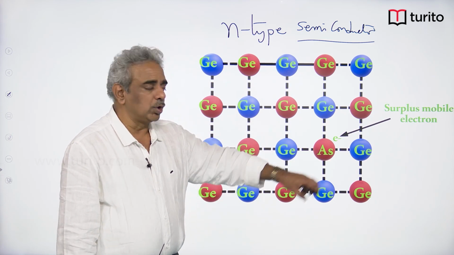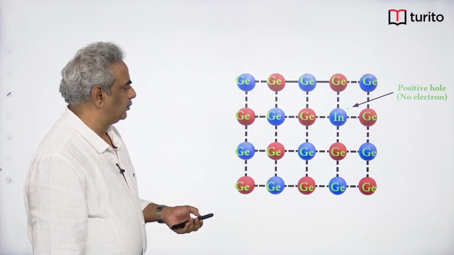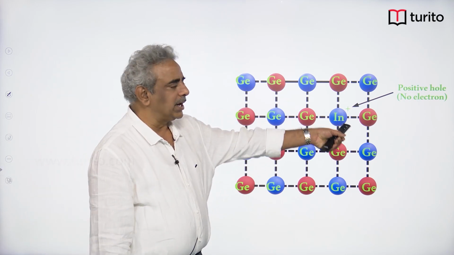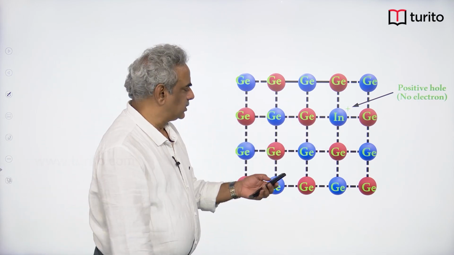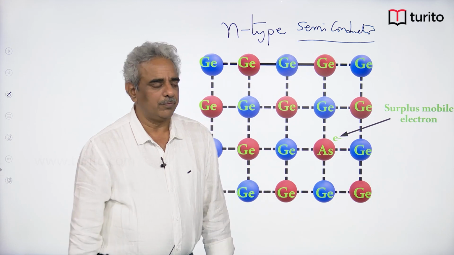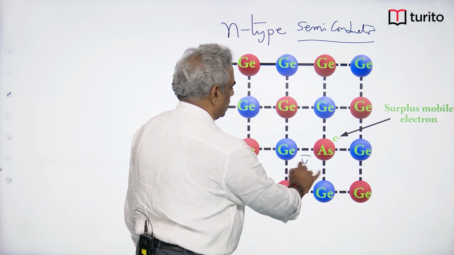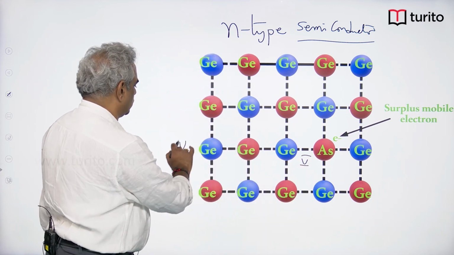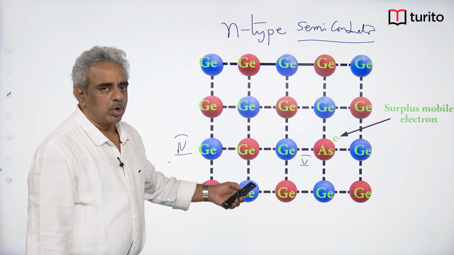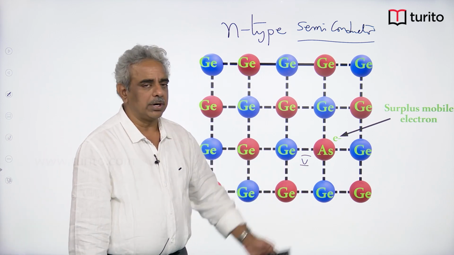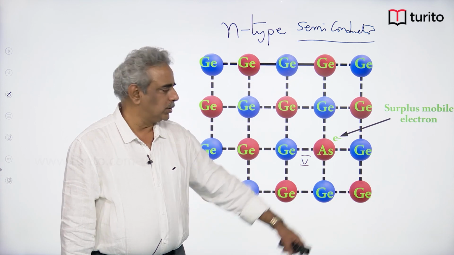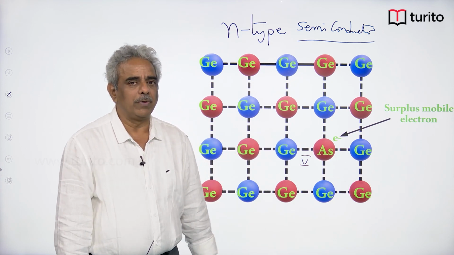Suppose instead of the fifth group, you introduce a third group element. So in germanium, indium is introduced. See the difference. Arsenic belongs to which group? Fifth group. Germanium, fourth group. In the fourth group element, you have introduced a fifth group element, so there is an electron left, because fifth group valency is 5.